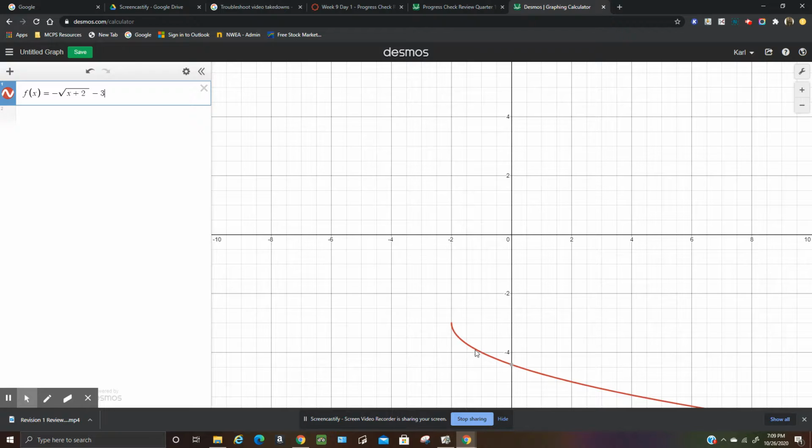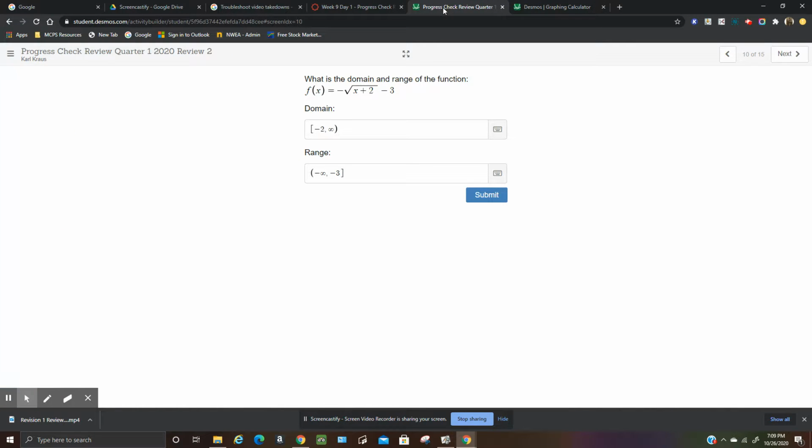So this one is a decreasing square root function. So going from left to right, negative 2 to infinity, and the bottom, negative infinity to negative 3. So -2 to infinity, -infinity to -3.